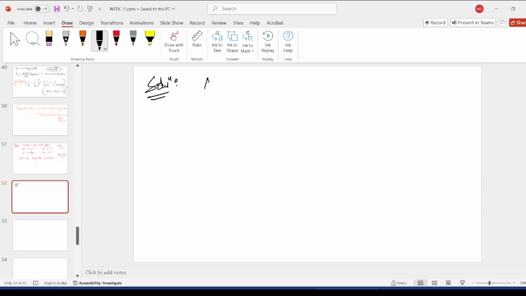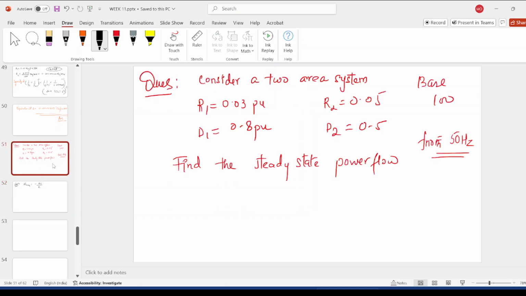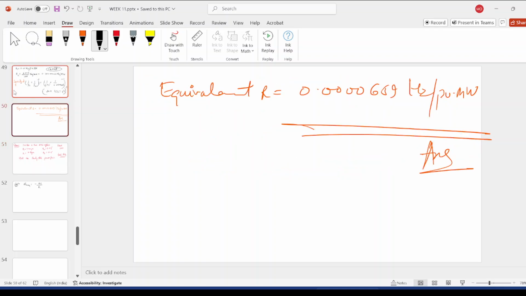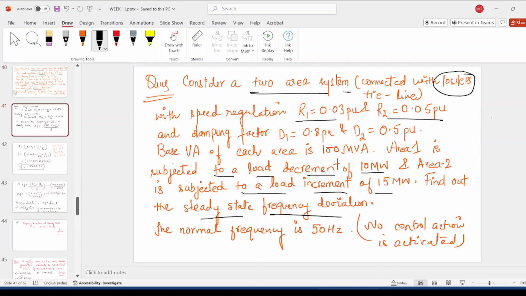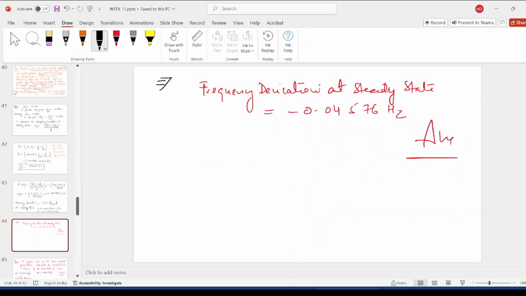So here del P mechanical is equal to minus del F by R1. So here what is del F? What we calculated for del F previously, we use that value here.